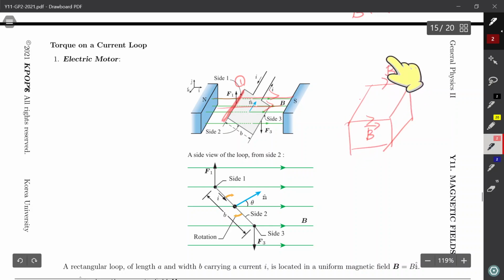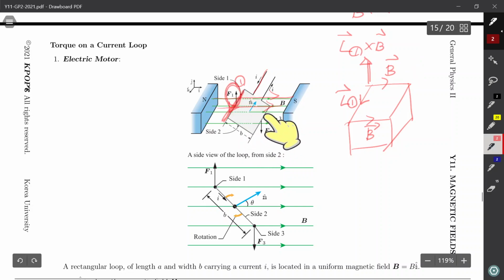L1 is in this direction, following the current direction. This is L1 cross B, so the force is going up.